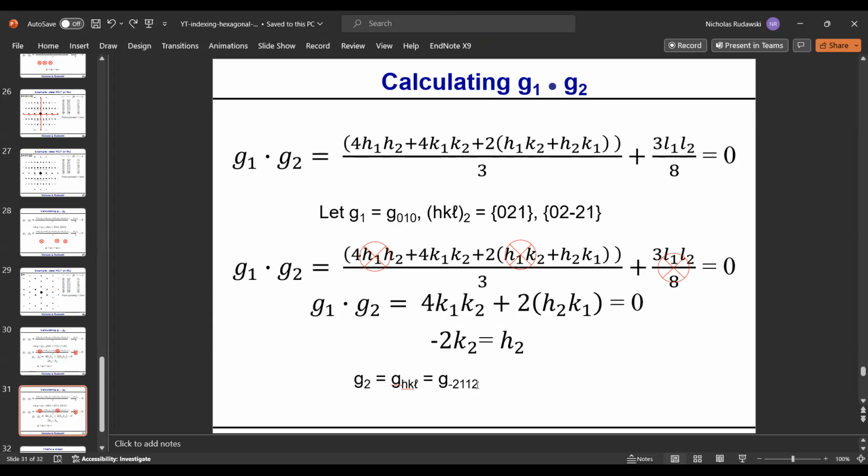The only way for this to work, let's think about this. If I let K2 be 0, then that would require H2 to be 0. Well, that can't work, because then I would end up with two 0 indices, which I can't have.